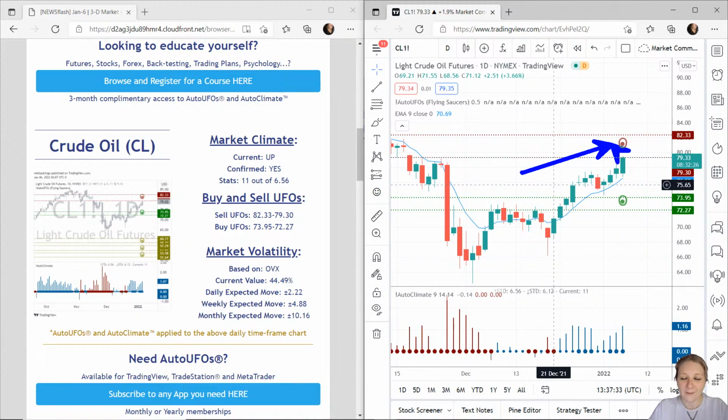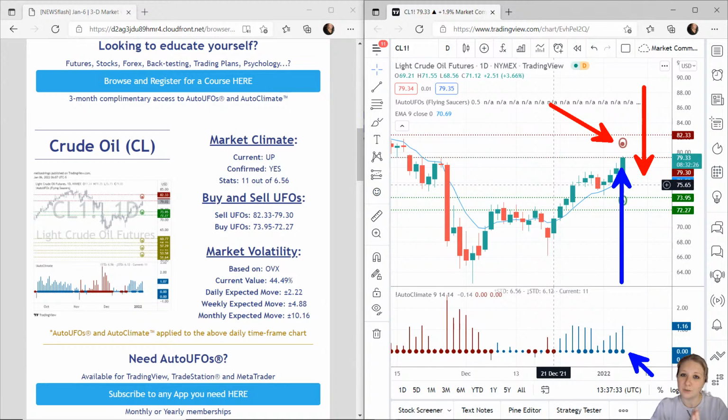So if we have lots of sellers coming in, they have the potential to change the probability of where price is going to go. So what we have here is a fight going on. We've got buyers pushing up coming from the climate, and we have sellers pushing down coming from the UFO. So essentially they kind of negate each other. They cancel each other out.